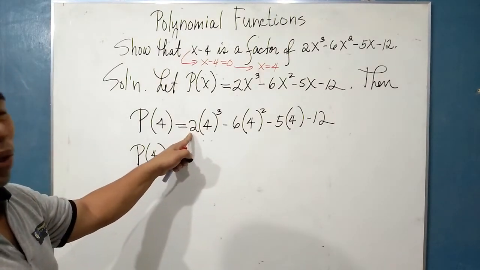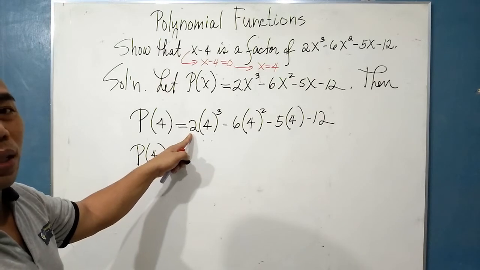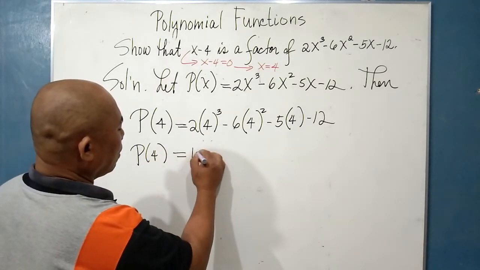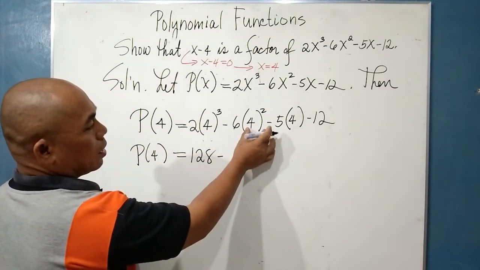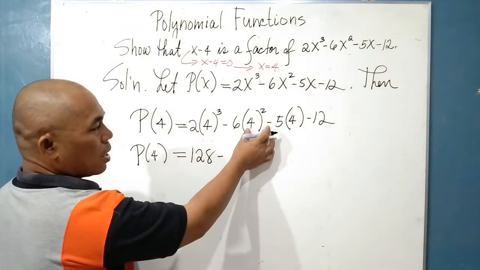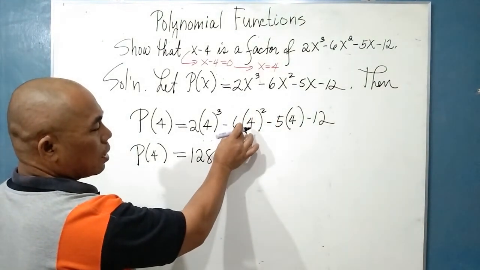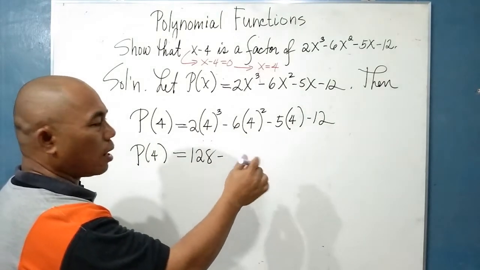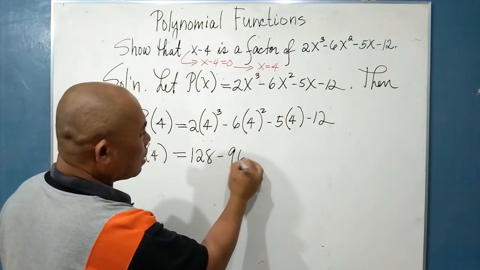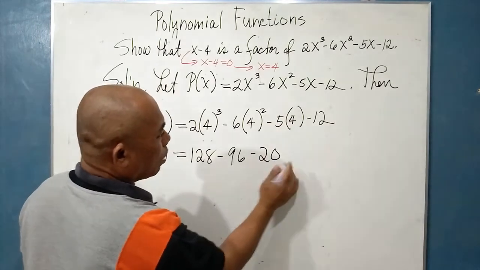Times 2, that's 128. So, 128. Minus, this is 16. Di ba? 4 squared is 16. Times 6. So, 16 times 6, 96. Minus 20. Negative 5 times 4.